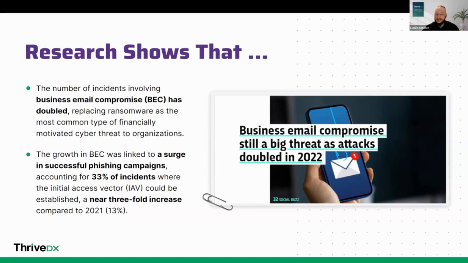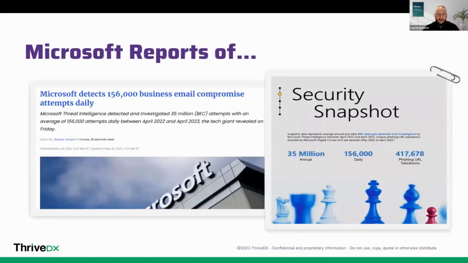And it's not that they necessarily have to compromise the CEO right away. We'll see that some of the email parameters can be manipulated, so if any account is compromised, it will pose a danger. Speaking about big companies, we also have some reports from Microsoft, who noticed that they suspected about 150,000 business email compromise emails daily through their security measures.